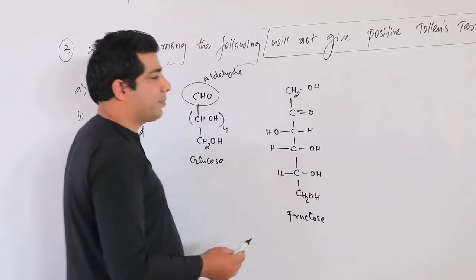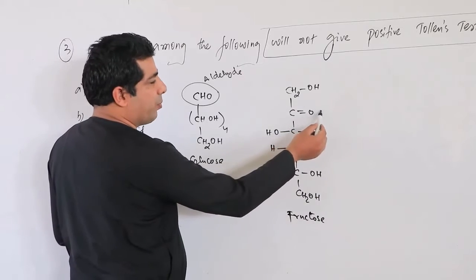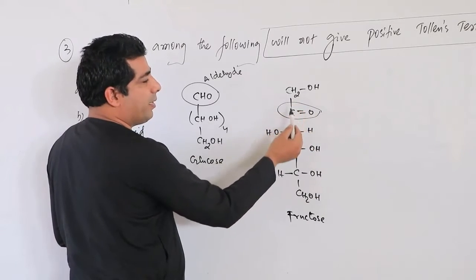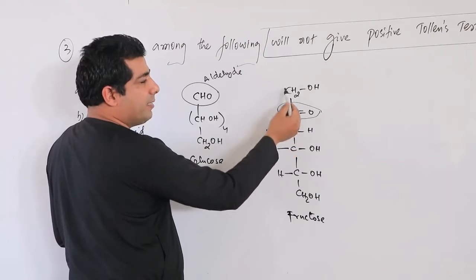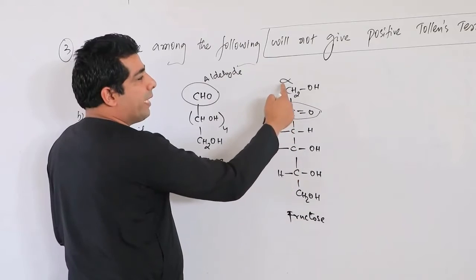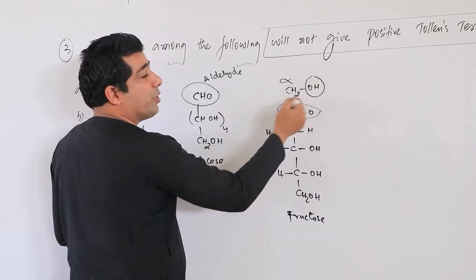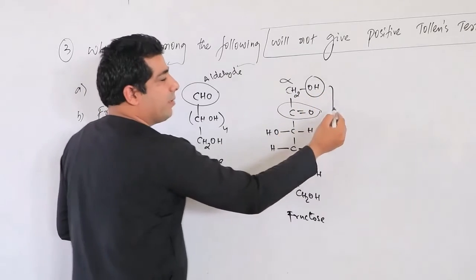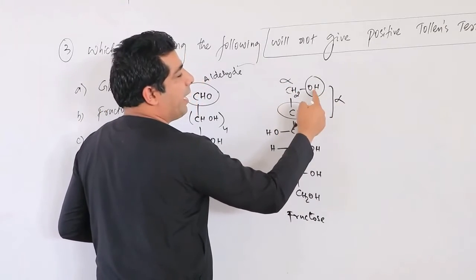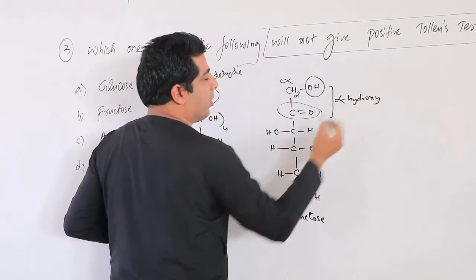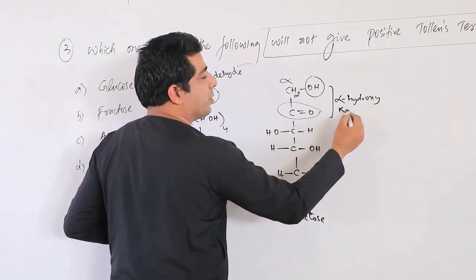This is basically our fructose molecule. And you know this is a functional group called as ketone, correct? And this is the carbon near to the ketone. Carbon adjacent to the ketone is known as alpha carbon. So on alpha carbon I have OH group, so it will become alpha hydroxy ketone. So this part will become alpha hydroxy, and CO group is known as ketone.